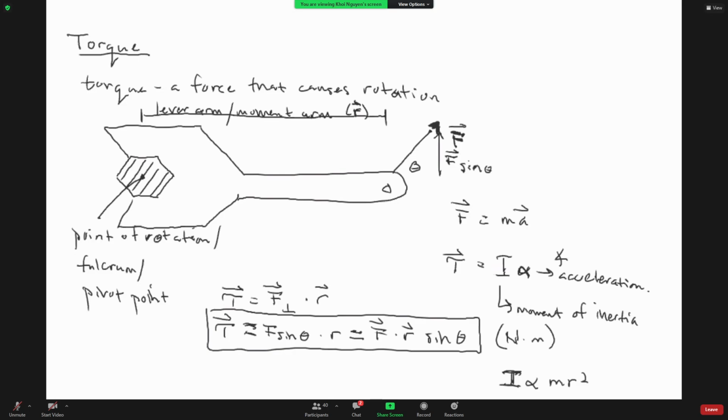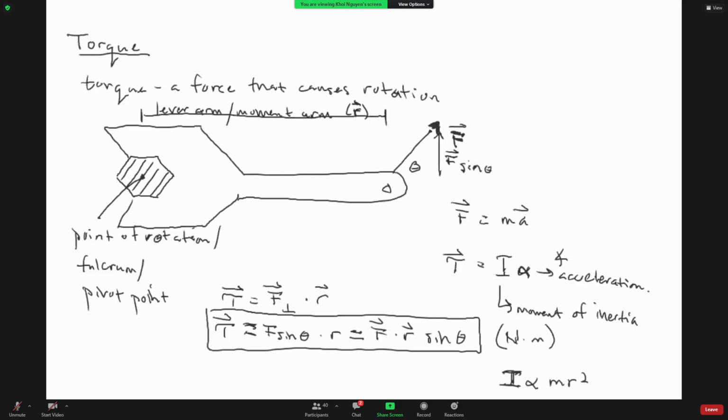There are 2 moments of inertia that you guys need to know. Angular acceleration is equal to the sum. So you know how when we summed up all the forces for F is equal to ma after we added all the individual forces, torque itself is made up of perpendicular force times the lever arm.